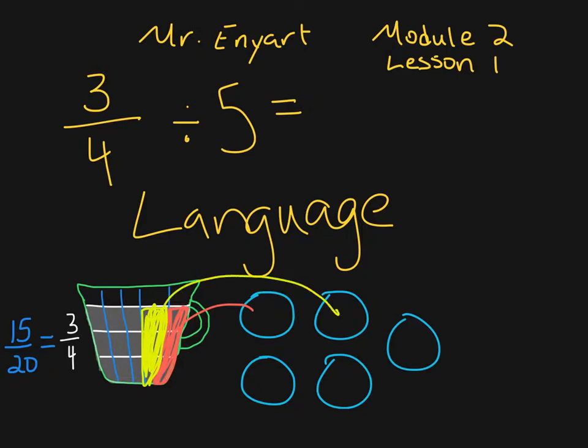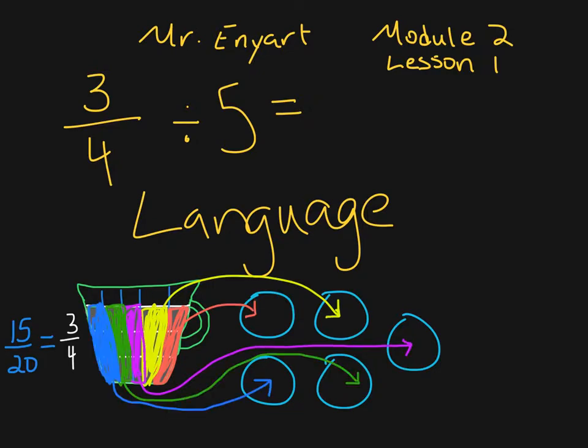And then I can give this amount to this friend, because each section is 3 equal pieces, and that will end up giving everybody the same amount, which is all valued at, that's correct, 3/20ths.